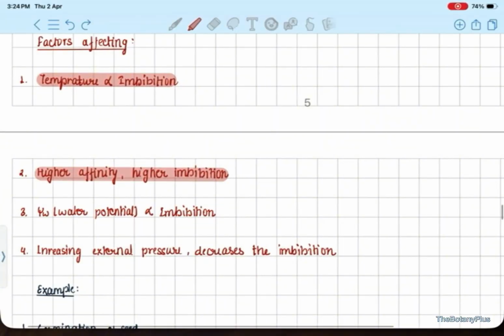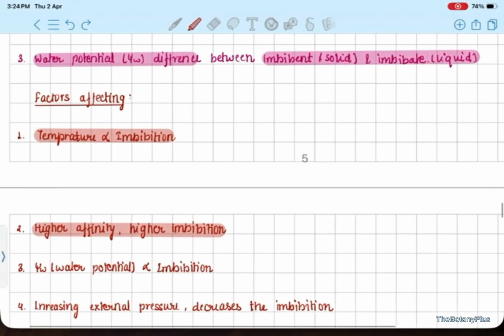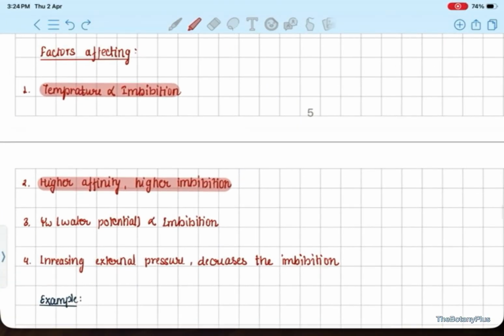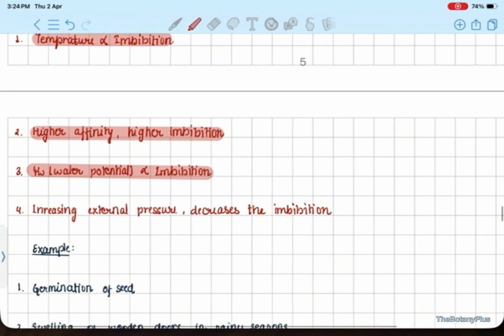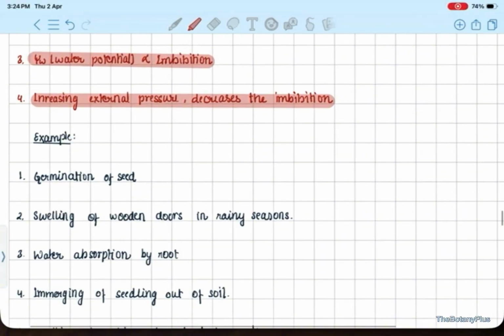Then water potential. We have just learned in the third condition that water potential helps imbibition. Water potential is also directly proportional to imbibition. Then the fourth one is pressure. When the external pressure increases, imbibition decreases.